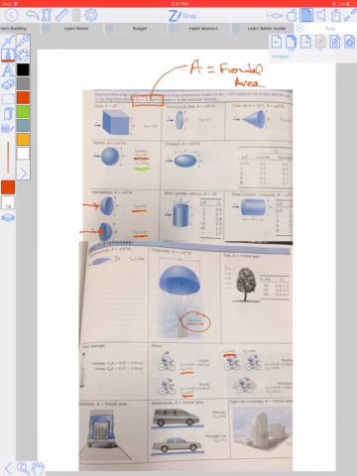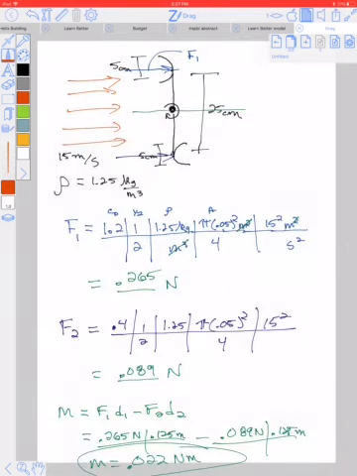Let's do a little example. I've already got it worked out here, and we'll just talk our way through it. So we've got a wind vane. It's got a hemisphere at the top and a hemisphere at the bottom, and it's going to rotate on a hinge.